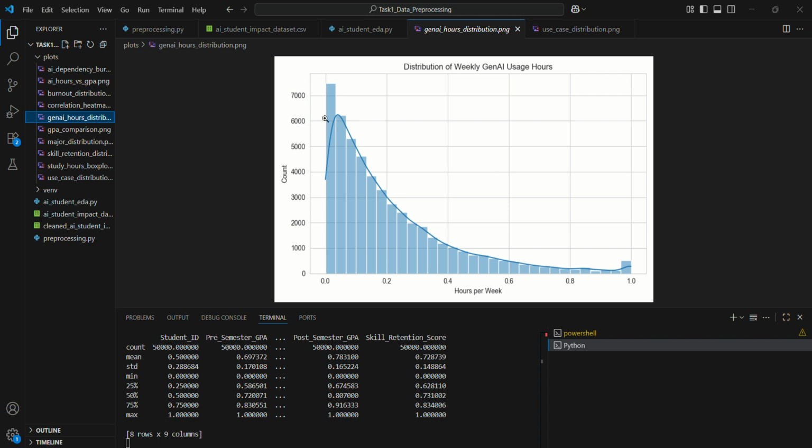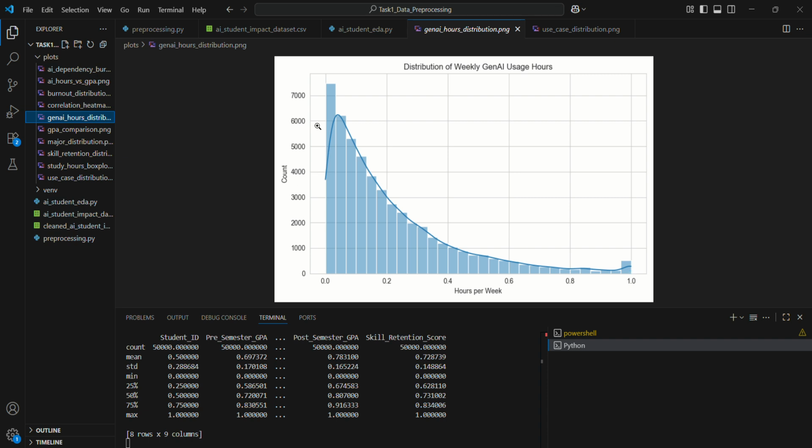As you can see, this is a right skewed graph because the tail is longer on the right side. We can see here that the hours per week is mostly from 0.0 to about 0.2, and it's gradually decreasing and increasing just at this one place, which is not that much.